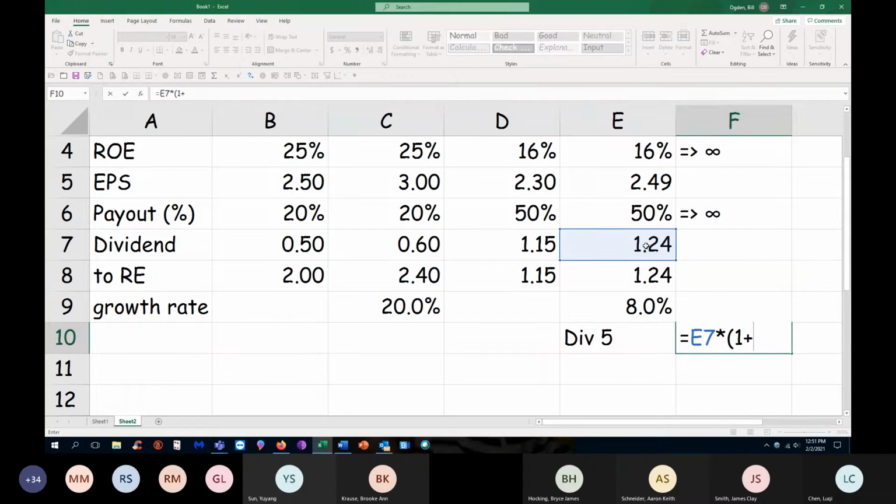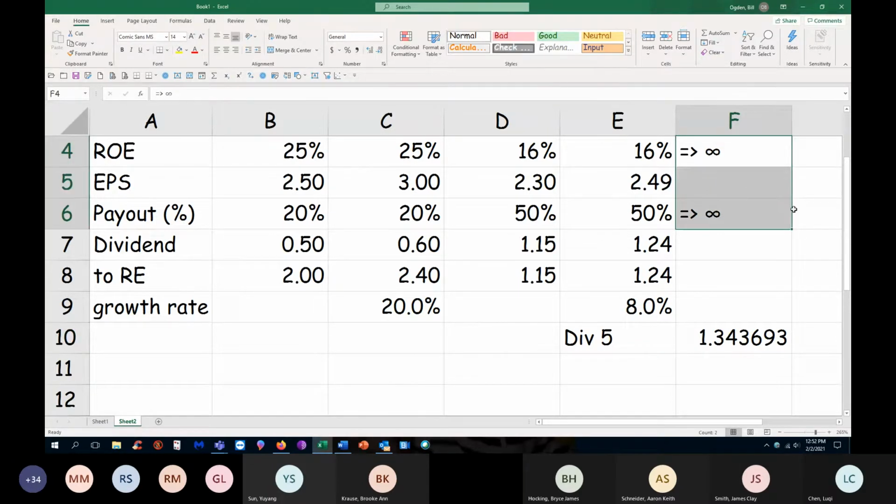Something you should learn if you're using Excel: never type in something that you can reference. Okay, so I have this 8% right here, correct? So why would I type it in? I won't. I'll just do that. Okay, and I get $1.3436.93. I mean, you would express this as $1.34, wouldn't you? But I'm just trying to show you something. So I'm going to move these infinity signs over one space.